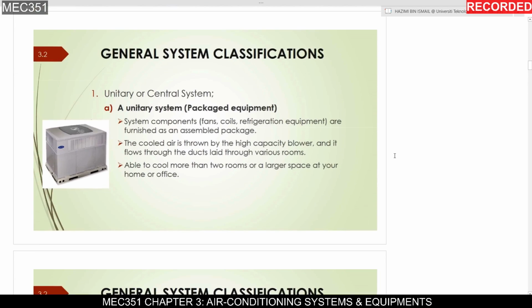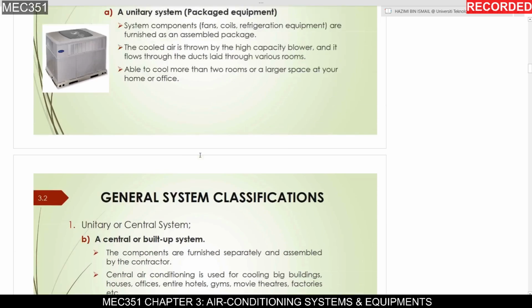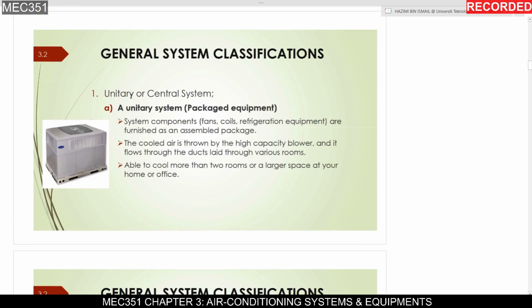Okay, so now we go to the classifications of the aircon system. One type of aircon system is what we call unitary or central system. Okay, unitary system, or sometimes we call it package equipment.